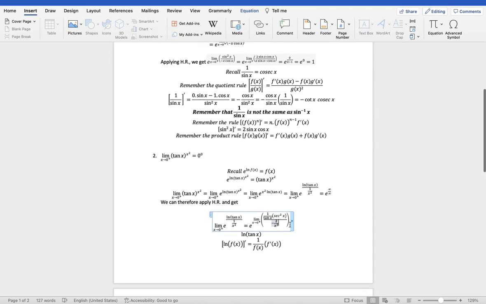Then we can see if we can simplify this expression. Because right now it's a bit messy, so let's simplify it.